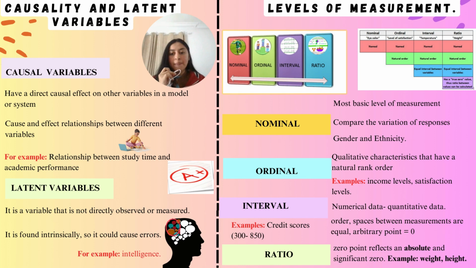Now, the levels of measurement, we have four. The first one is nominal. It is the most basic level of measurement, reflecting categories without ranking or ordering. It is used to compare how responses vary between basic dimensions.